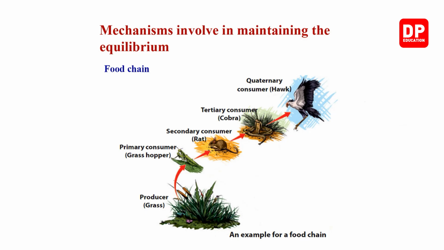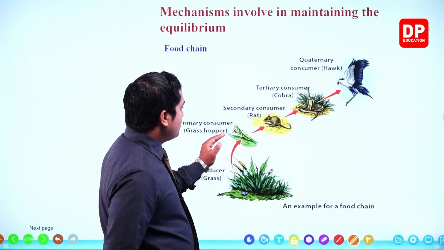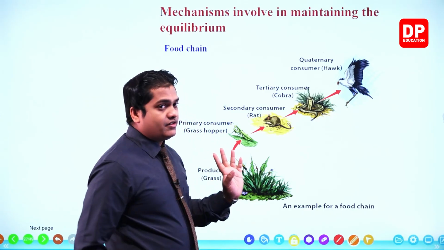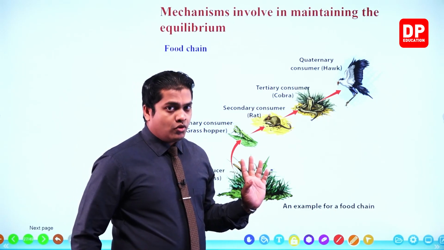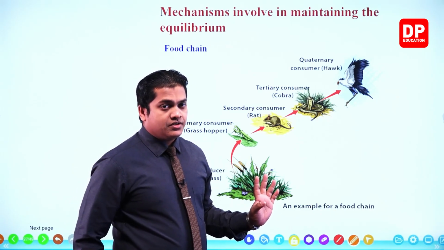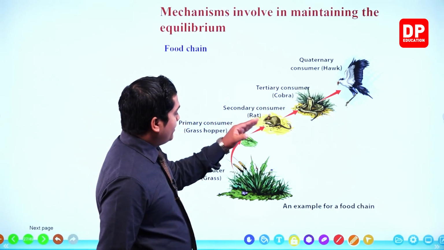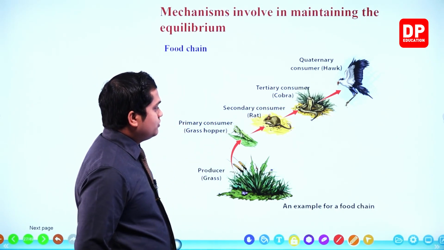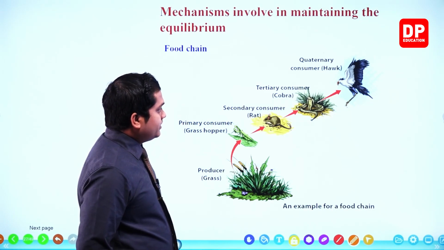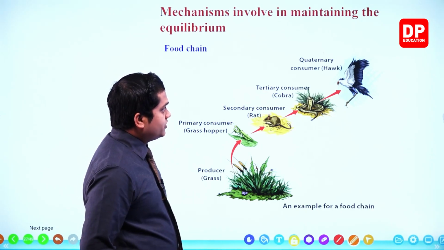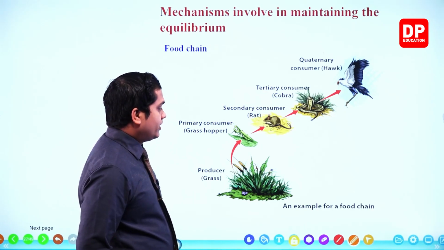An example for a food chain, starting from the producer, which is the grass, the primary consumer, the first and foremost consumer, most commonly a herbivore, right? So grasshopper. Then grasshopper is being eaten by the secondary consumer, rat. Then the tertiary consumer. Then the quaternary consumer, which is the hawk, the fourth one.